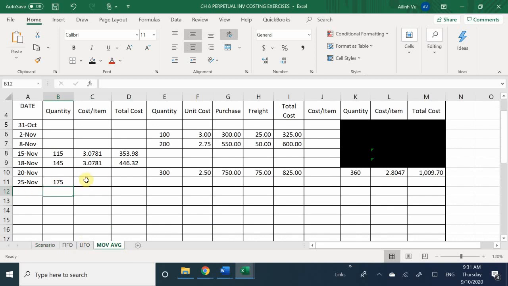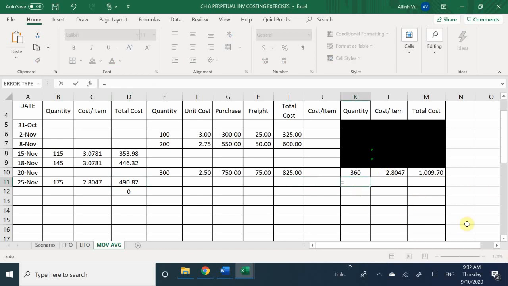Now what number are we going to be using? The cost per item is 2.8047. Good. And then again, we're going to use the round formula. 490.82. Okay.